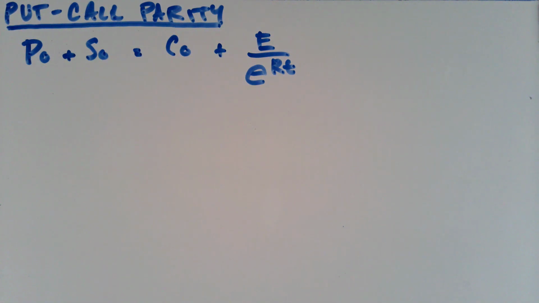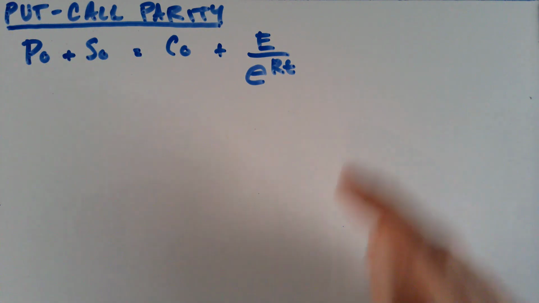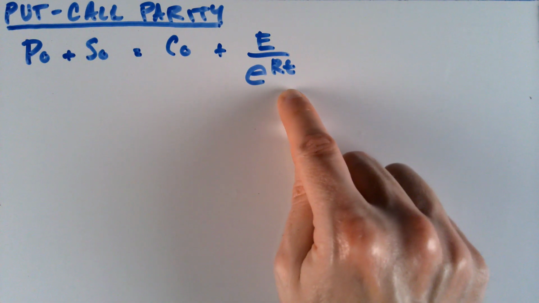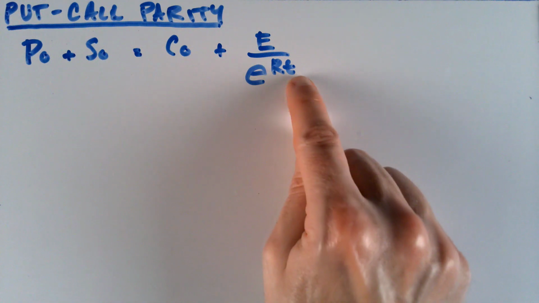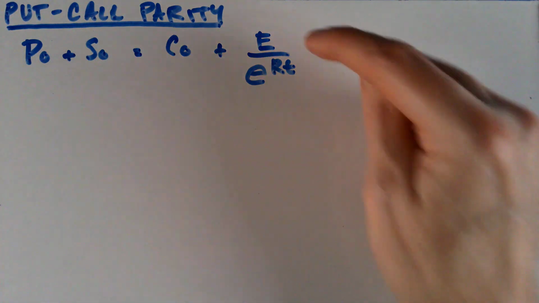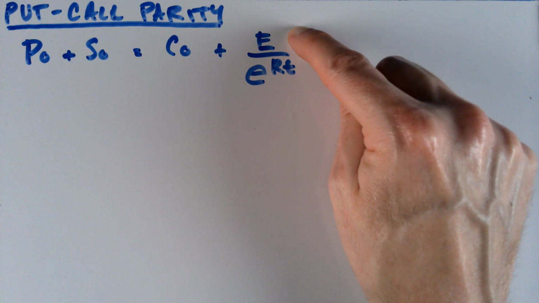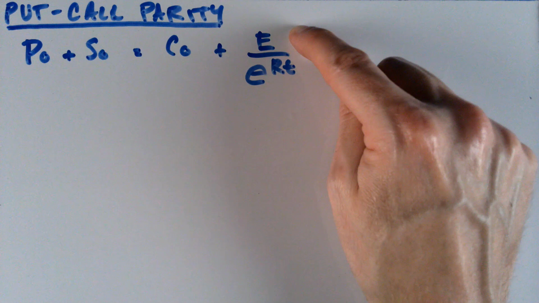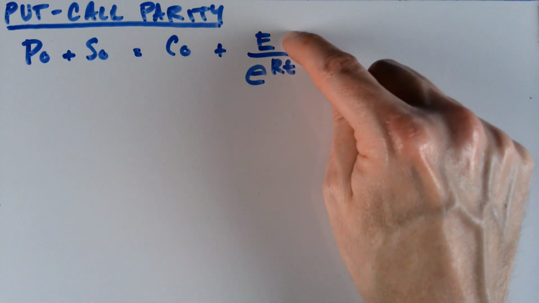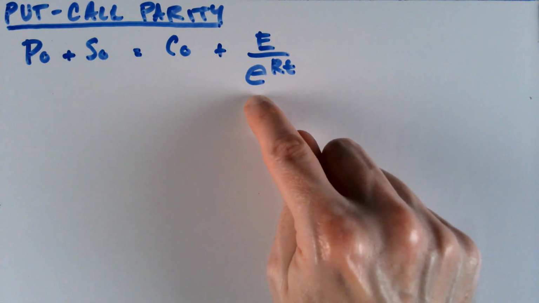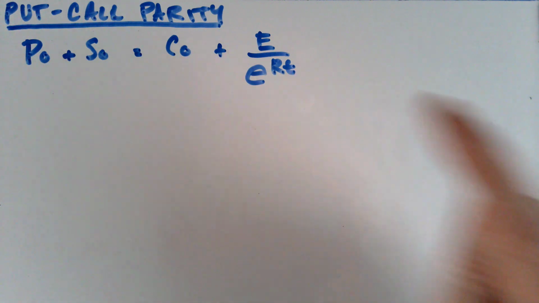And when we are doing continuous compounding, the present value is equal to the future value divided by e to the RT. Keep in mind that this exercise price is something we're going to be receiving in the future at time t. And so we have to find the present value of that. How do we find the present value with continuous compounding? We take the future value, divide by e to the RT.